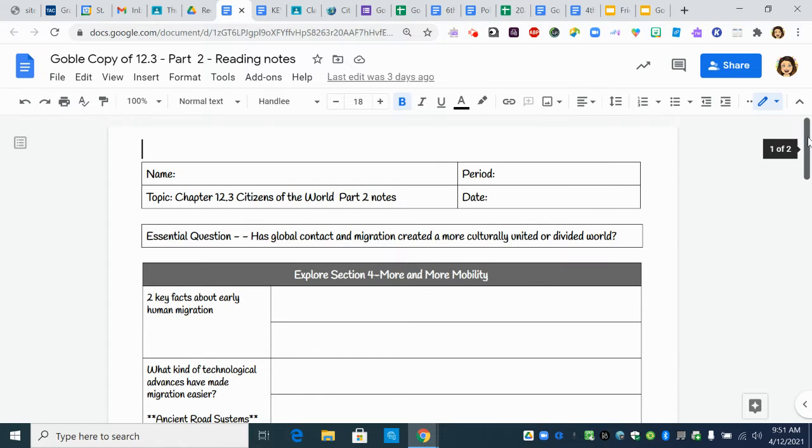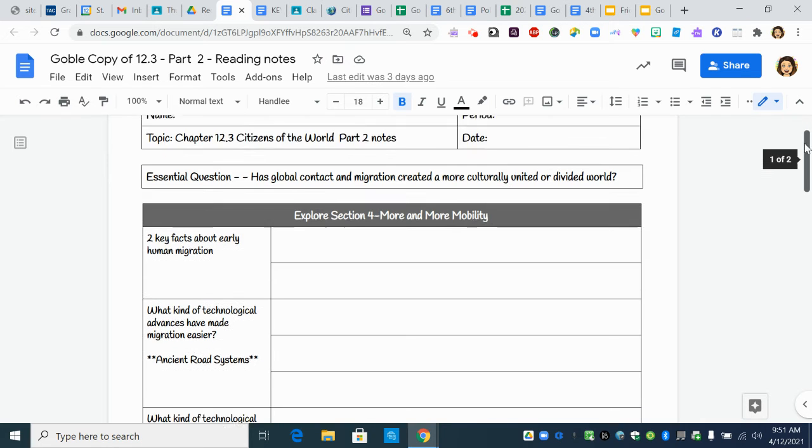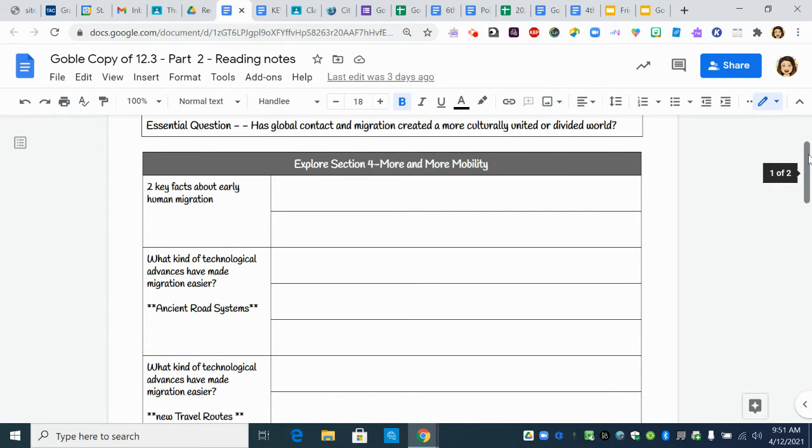Again, we always want to set a purpose for our reading before we actually start reading. Explore section 4 is about more and more mobility. Mobility means movement. So we need to find 2 key facts about early human migration. What kind of technological advances have made migration easier in regards to ancient road systems?